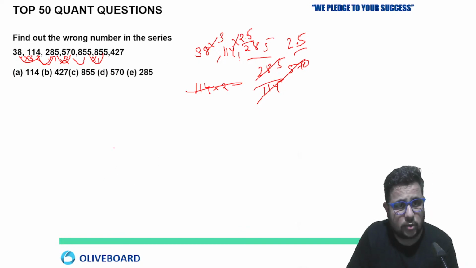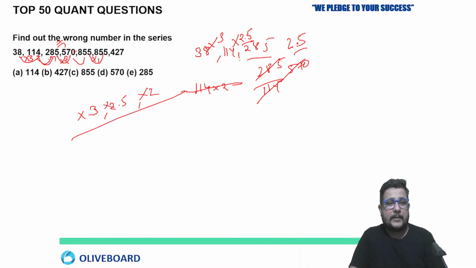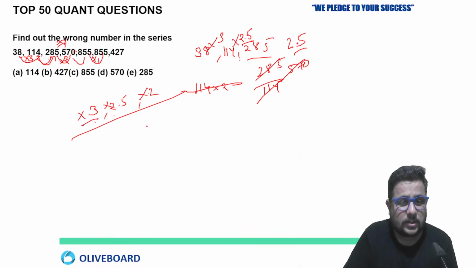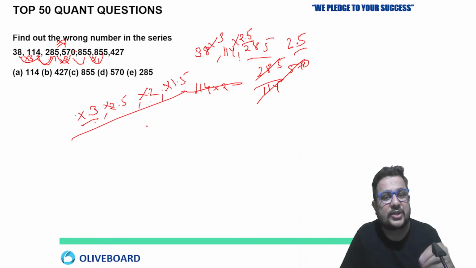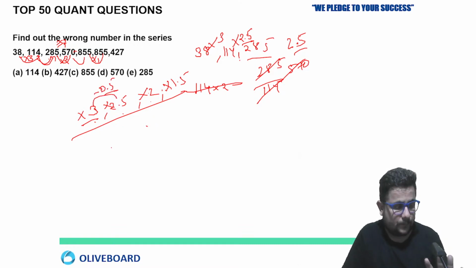Clear? So first we multiplied 3, then 2.5, then 2. By these 3 steps, because 285 multiplied 2 is there, you will come to understand, okay, this logic is going on actually. 3, 2.5, 2, then there must be multiply 1.5, meaning the multiplication value is getting decreased in each step by 0.5.